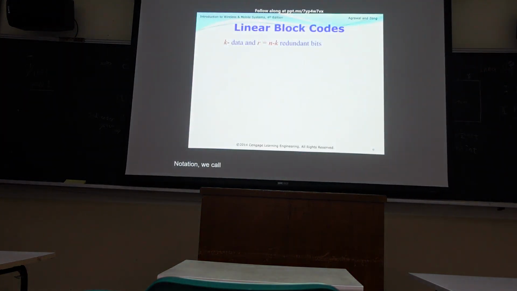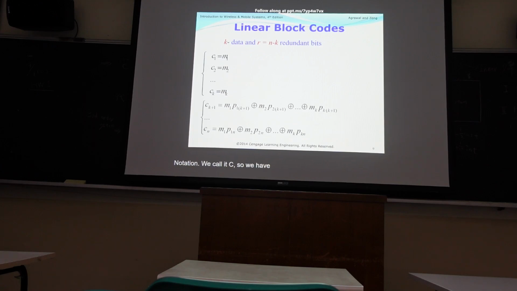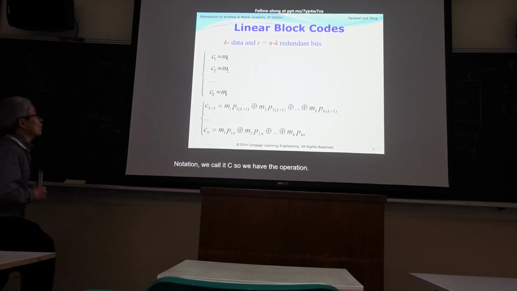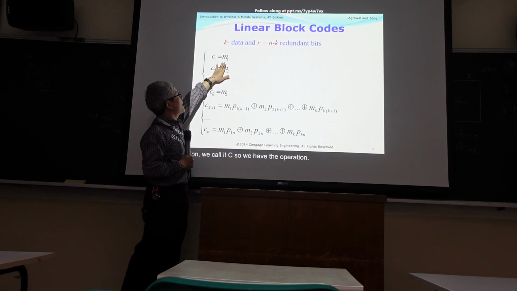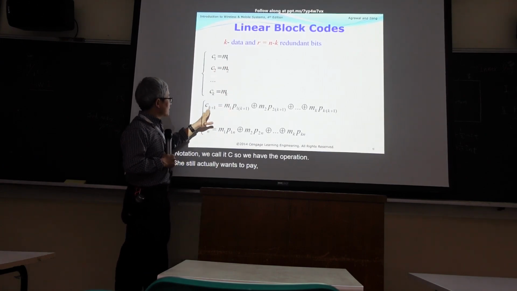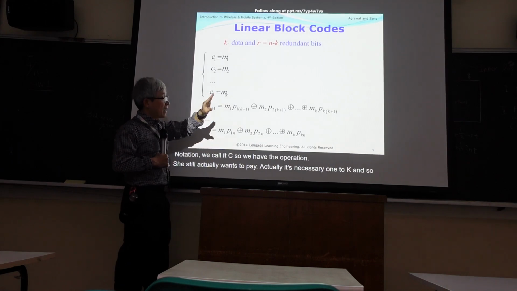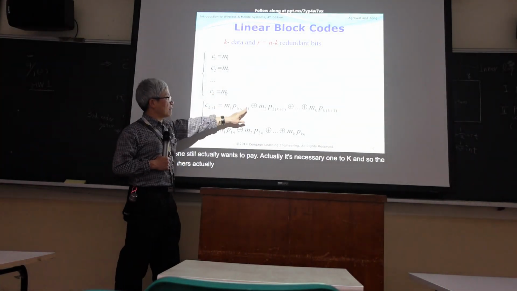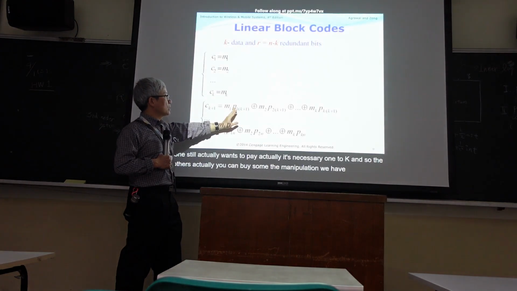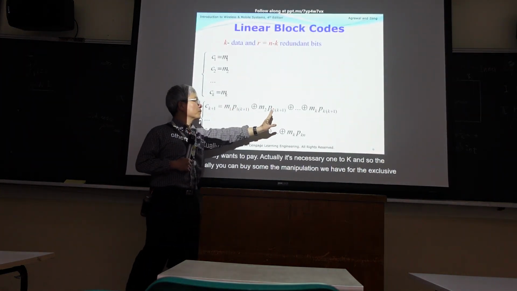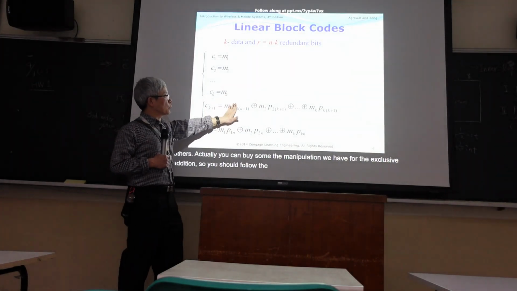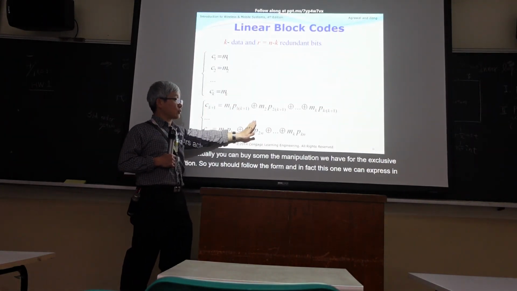So we have an operation for C. C1 to CK is actually the message 1 to K. And for the others, we have the exclusive addition, so it follows this form. In fact, we can express this in terms of a matrix.